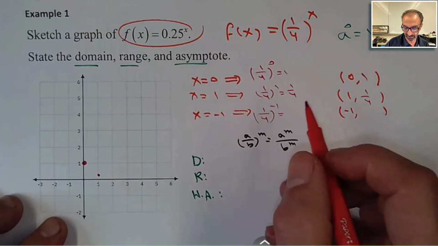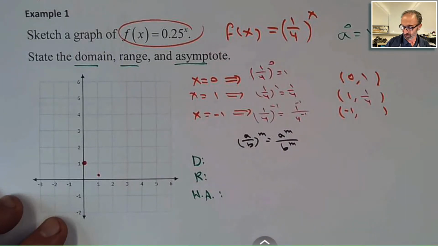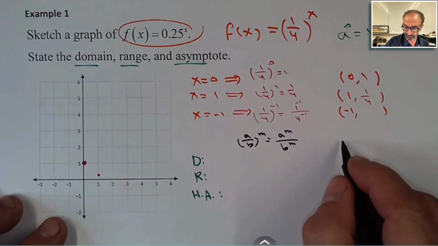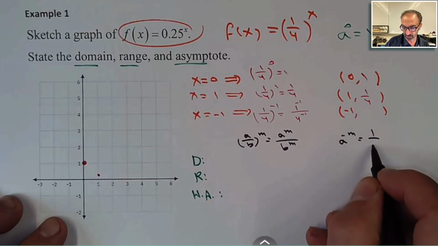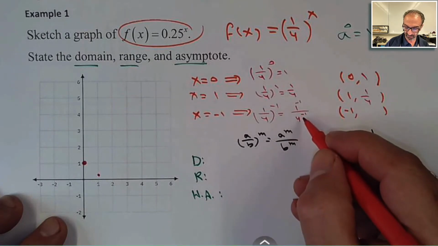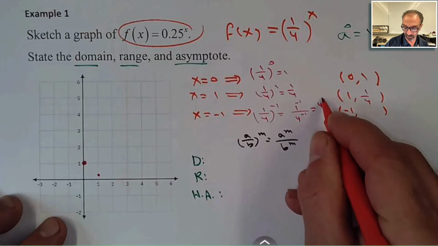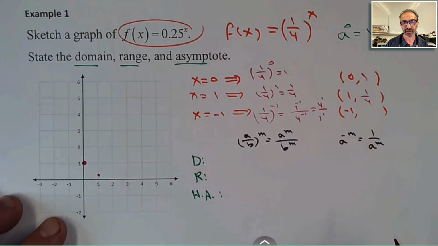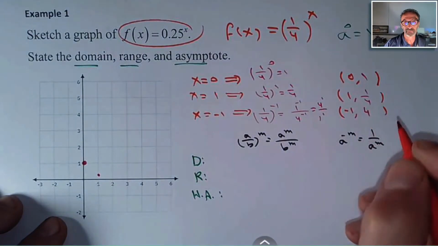Then I get 1 to the power -1 over 4 to the power -1. There's another rule that says if you have a negative exponent, you can take the reciprocal and make it positive. So I'm going to take the reciprocal, or flip them. In other words, that's going to be 4 to the power 1 over 1 to the power 1, which is just 4.